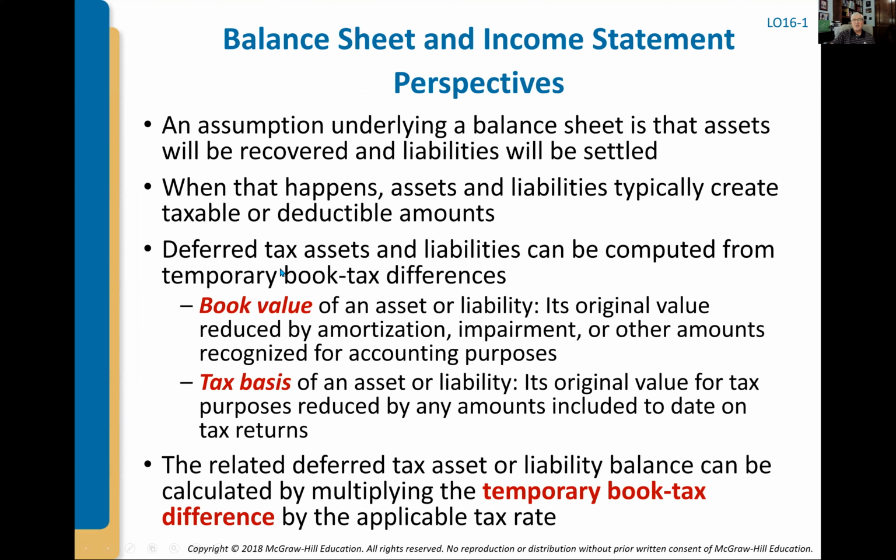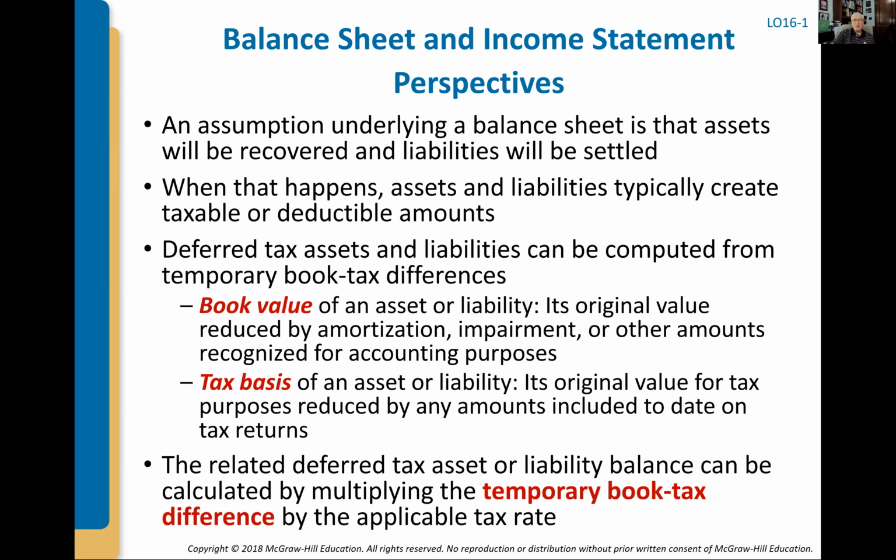So deferred tax assets and liabilities can be computed, kind of a shortcut method, from the temporary book-tax differences. The book value of an asset or liability is its original value, minus any amortization, impairment, or other things recognized for accounting purposes.